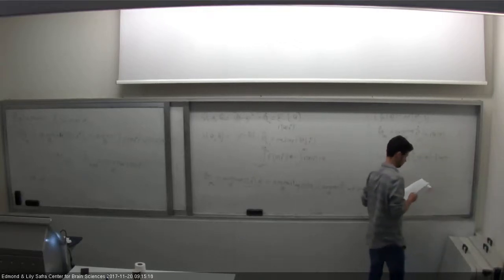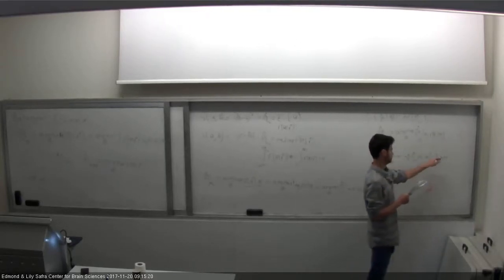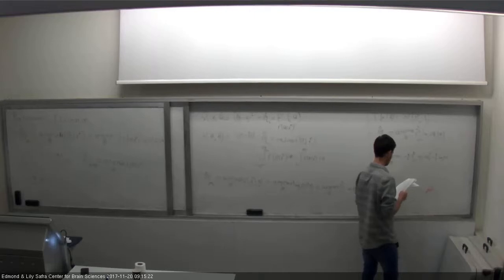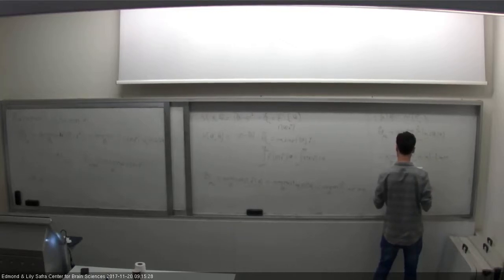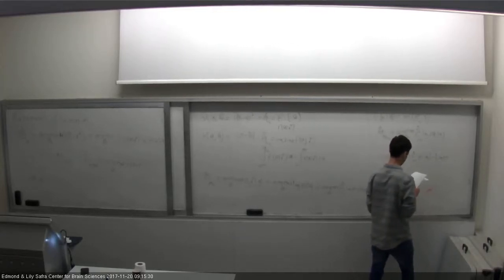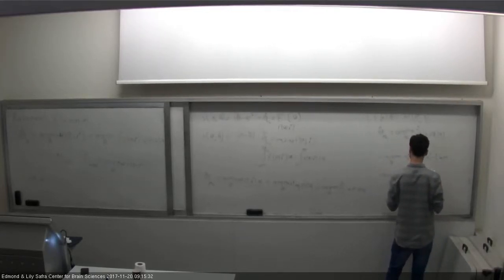Because this is constant, we just take the argmin of the sum of (xi minus theta) squared.